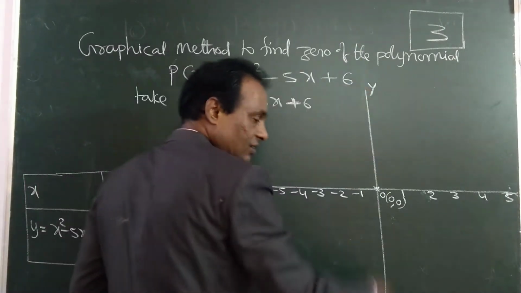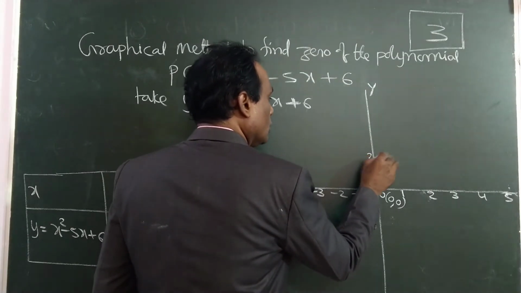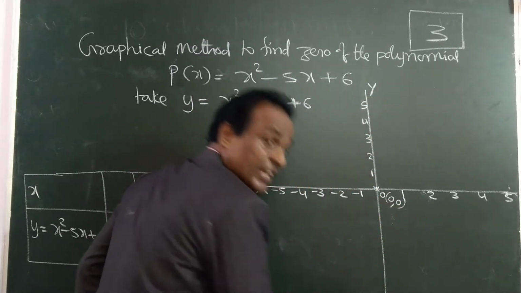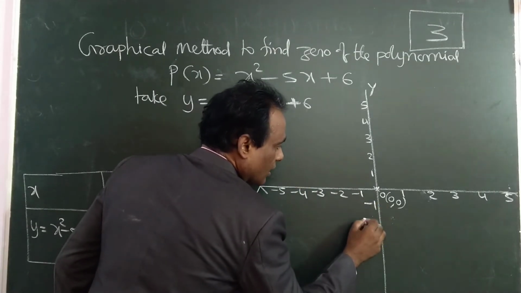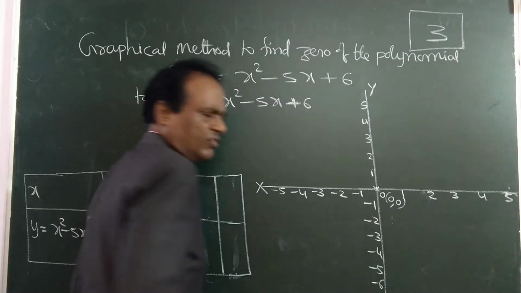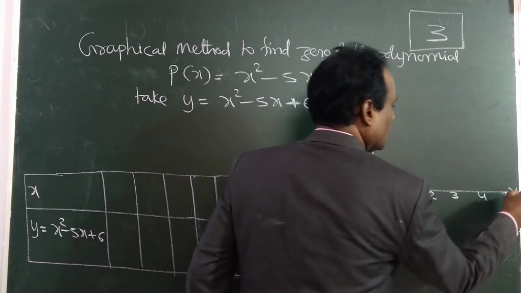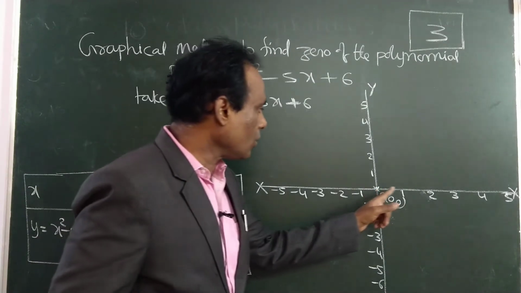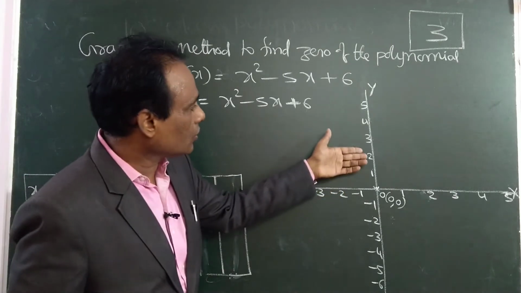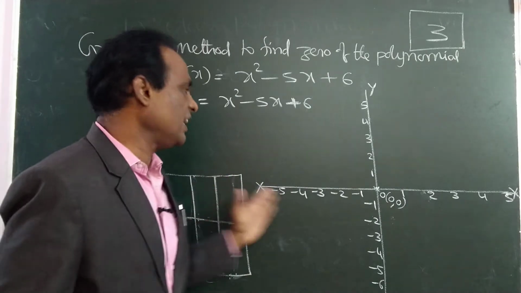Next, y values on the y-axis: 1, 2, 3, 4, 5, and negative y values minus 1, minus 2, minus 3, minus 4, minus 5, minus 6. So this is the coordinate system, x-axis and y-axis.